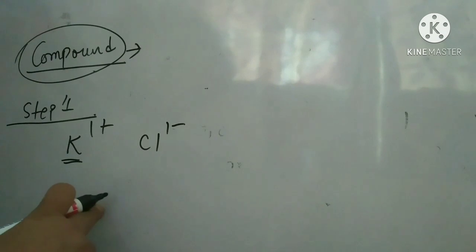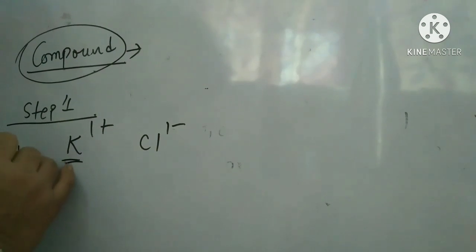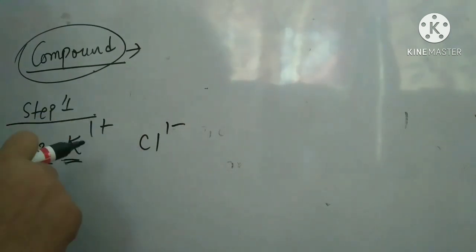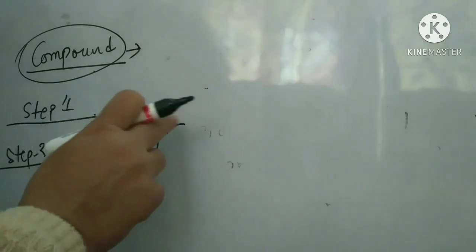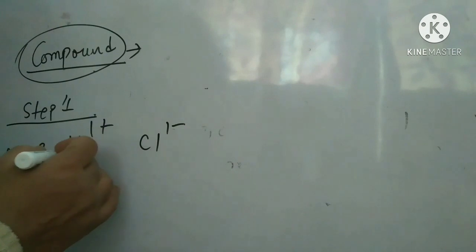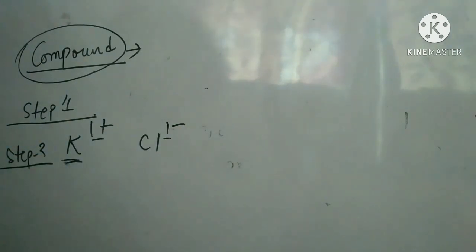Now in step 2 we have to write down the valency number on the symbol of each atom or radical on its top right. So here we can see the valency of potassium is 1 plus and chloride is 1 minus. Now step 3.